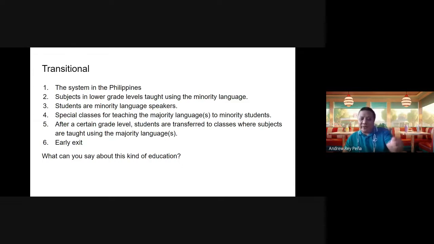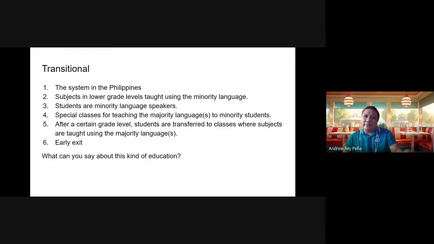So in the Philippines, from grade 4 up to grade 12, it's all Filipino and English. There's no more minority language. The transition from bilingualism in instruction when the student is monolingual to monolingual instruction when the student is bilingual is planned in order to accelerate the shift to the majority language.